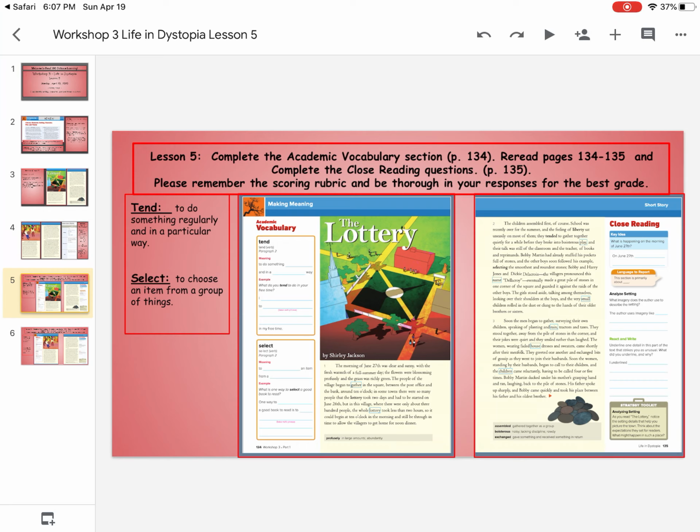The morning of June 27th was clear and sunny, with the fresh warmth of a full summer day. The flowers were blossoming profusely, which means in large amounts, and the grass was richly green. The people of the big village began to gather at the square, between the post office and the bank, around 10 o'clock.